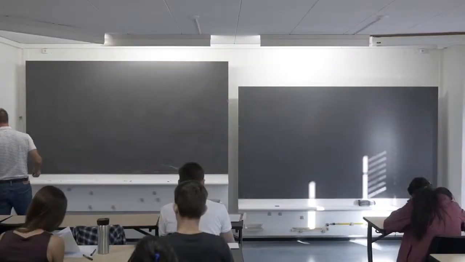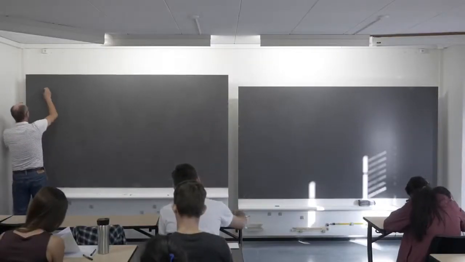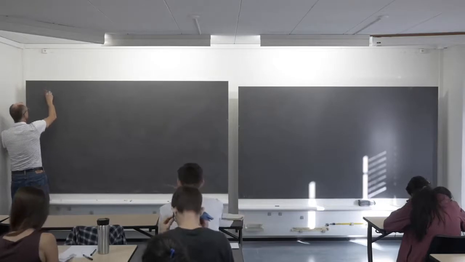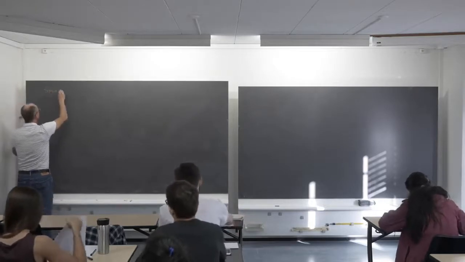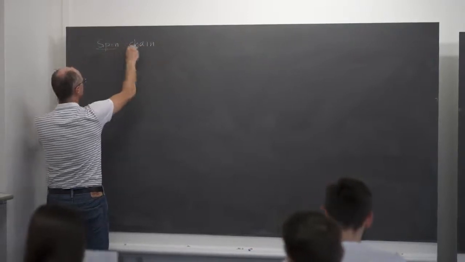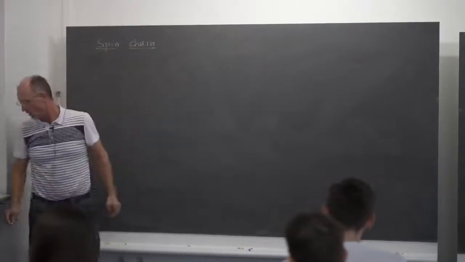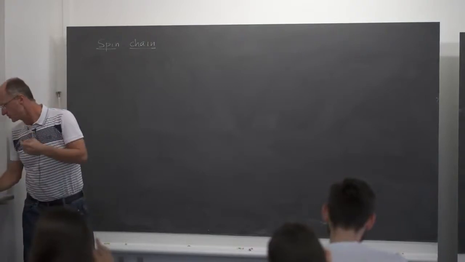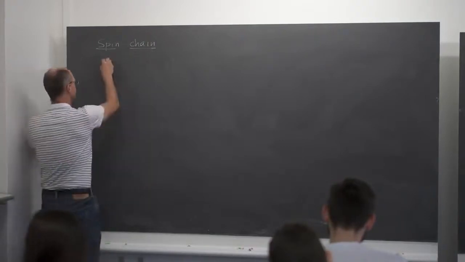So let me recall that today we are looking at an example of a finite dimensional quantum system. It's called a spin chain, and we have already seen the basic elements of it.